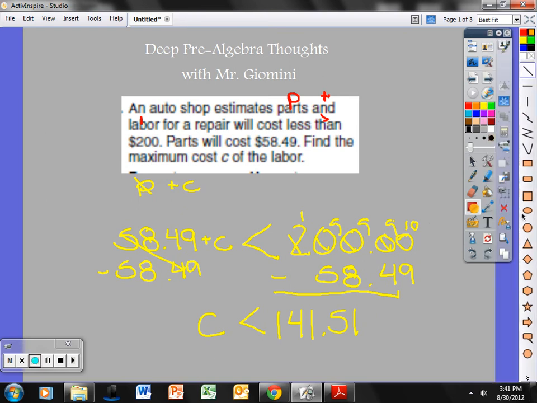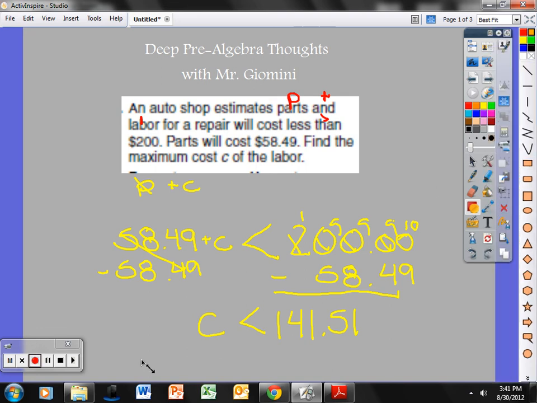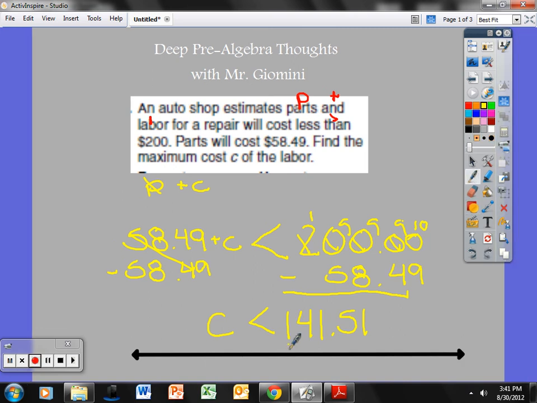Here's my number line, arrow on both ends because it goes on infinitely. So there it is. I would now put 141.51, and it says it has to be less than, so it's an open circle because $141.51 is not included in the solution set, and it's less than, so it's going to the left.